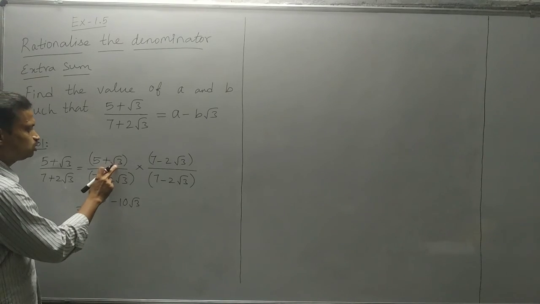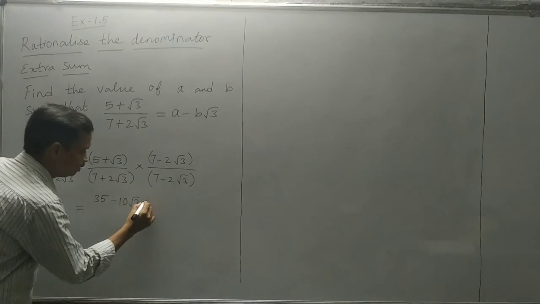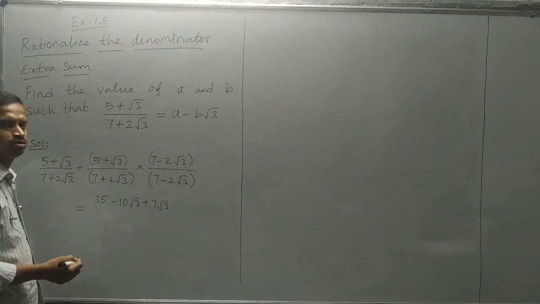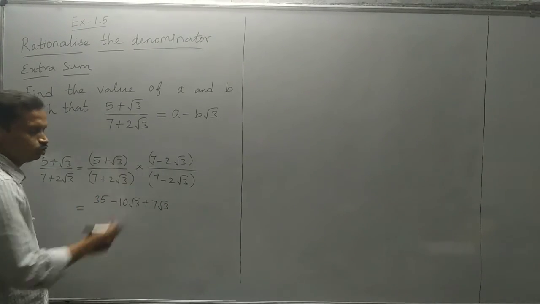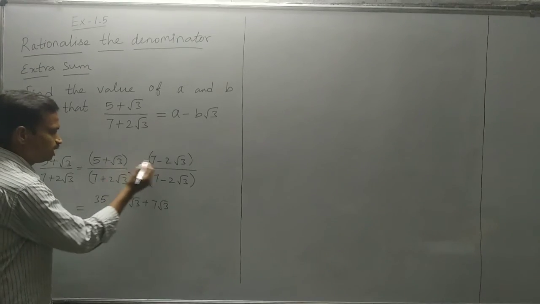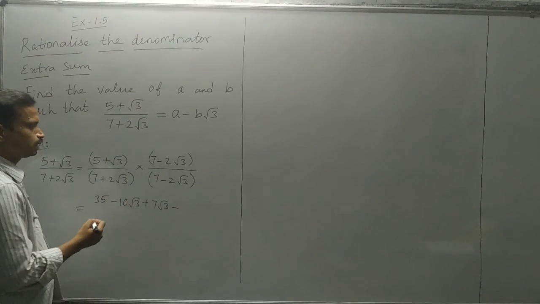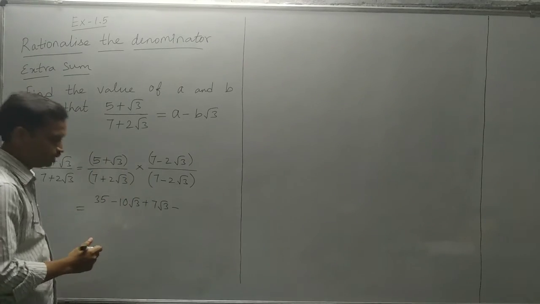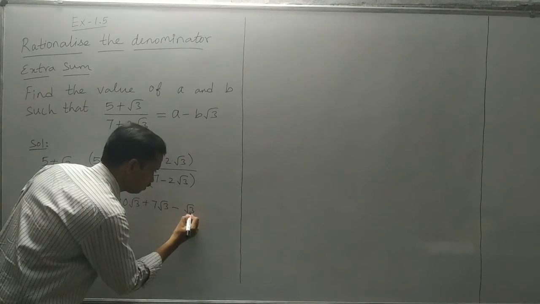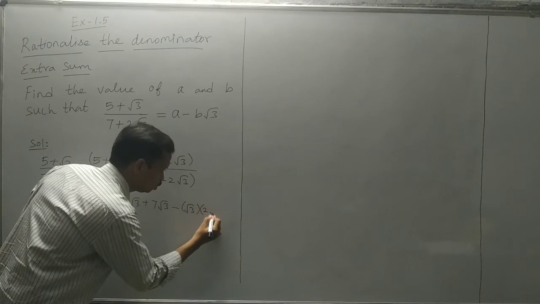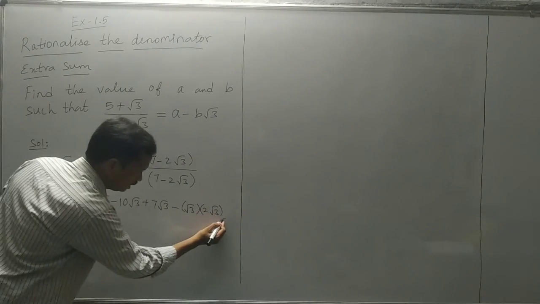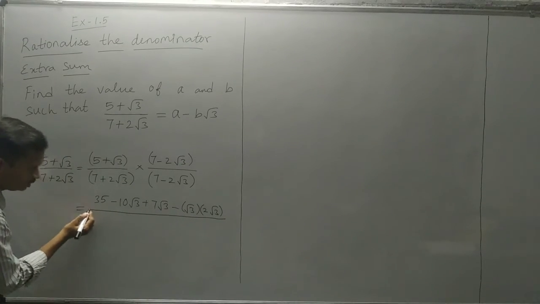And then plus root 3 into 7, you can write as 7 root 3. And now this plus into minus becomes minus, and root 3 into 2 root 3. So these are the numerator. Thus I multiply the two brackets in the numerator.